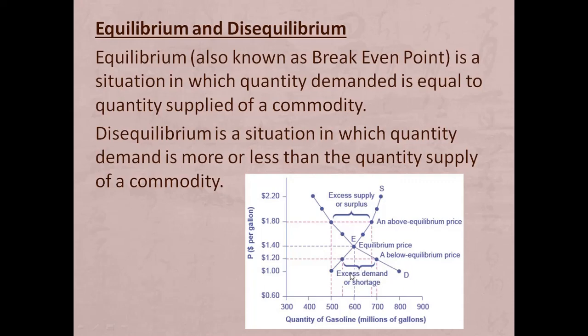Here this is your excess demand and this condition is your deficient demand. Now this is the case of excess supply and this is the case of deficit supply, or shortage. So any condition above or below the equilibrium point is known as disequilibrium.